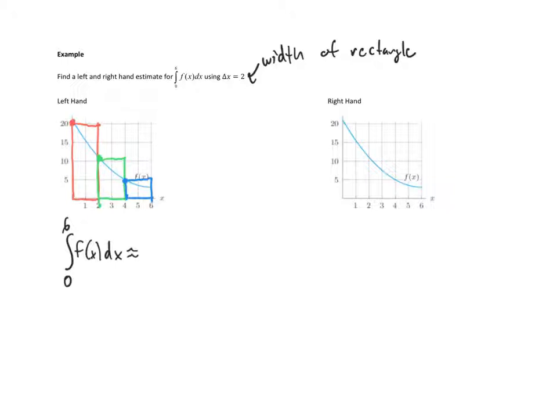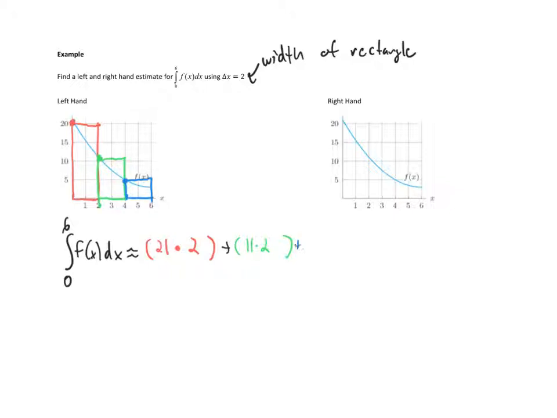I'm going to start by finding the area of the red rectangle. The red rectangle has a height of a little bit more than 20, so I would say about 21, and it has a width of 2. Then I'm going to add the area of my green rectangle. The green rectangle has a height a little bit above 10, about 11. So 11 times 2.